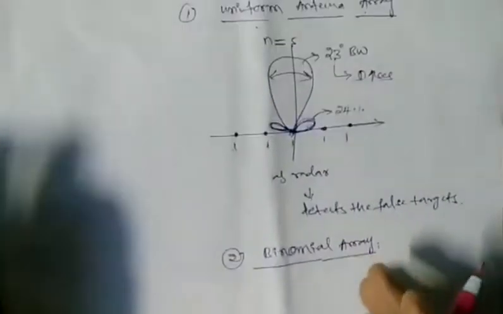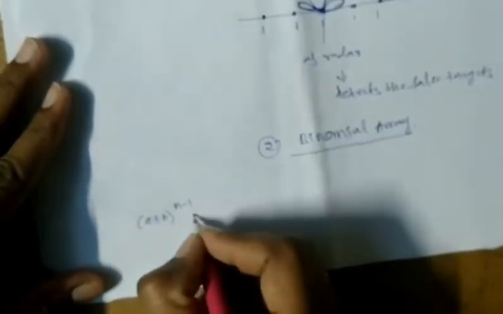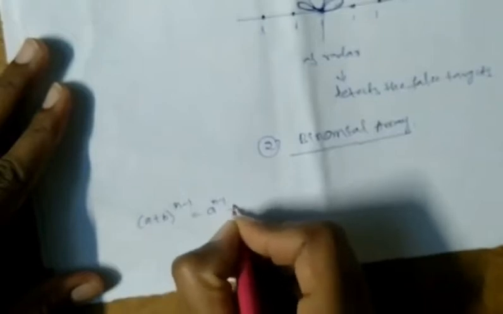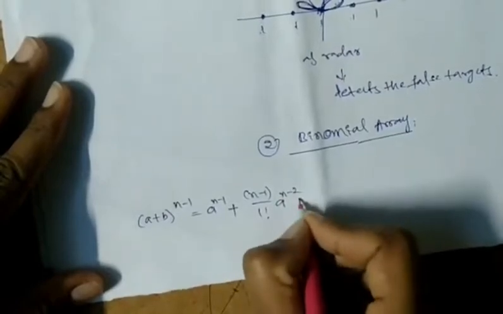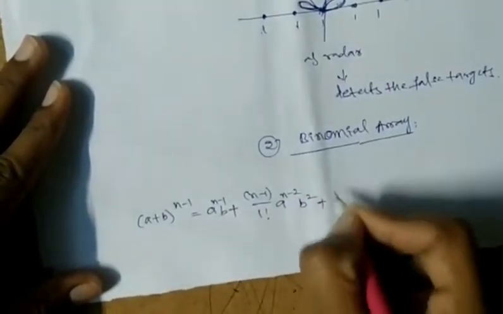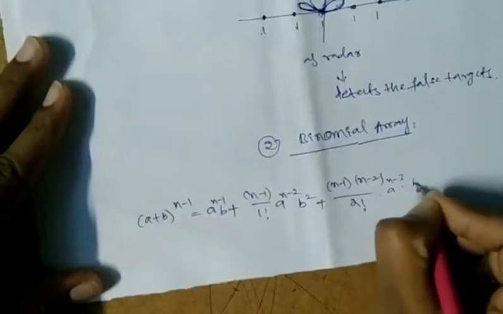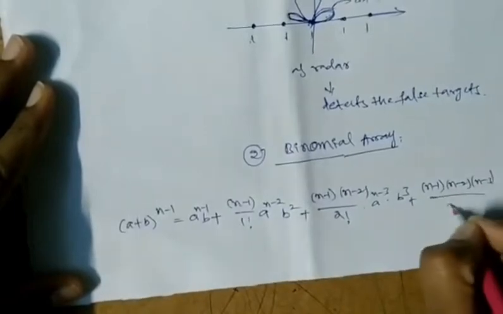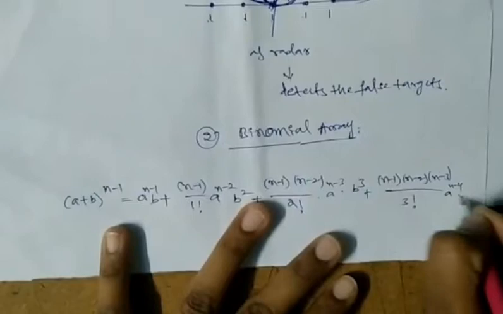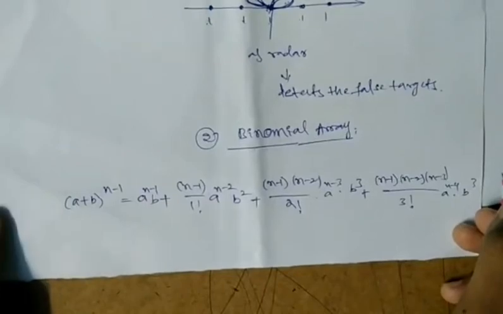The expression of the binomial array is: (a+b)^(n-1) = a^(n-1) + (n-1)/1! a^(n-2) b + (n-1)(n-2)/2! a^(n-3) b^2 + (n-1)(n-2)(n-3)/3! a^(n-4) b^3 and so on.